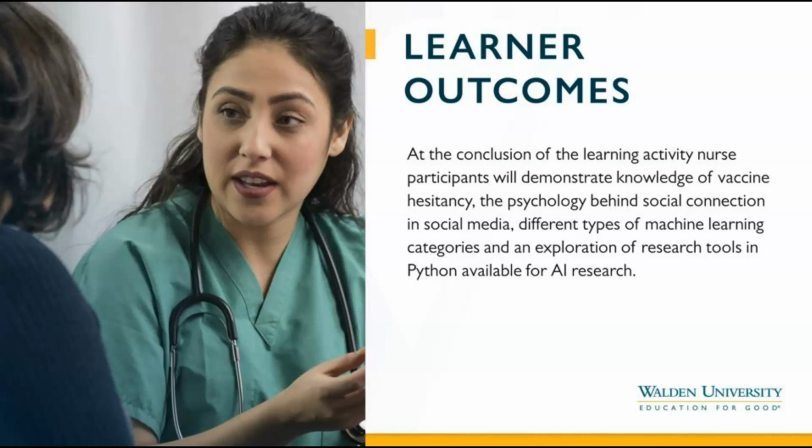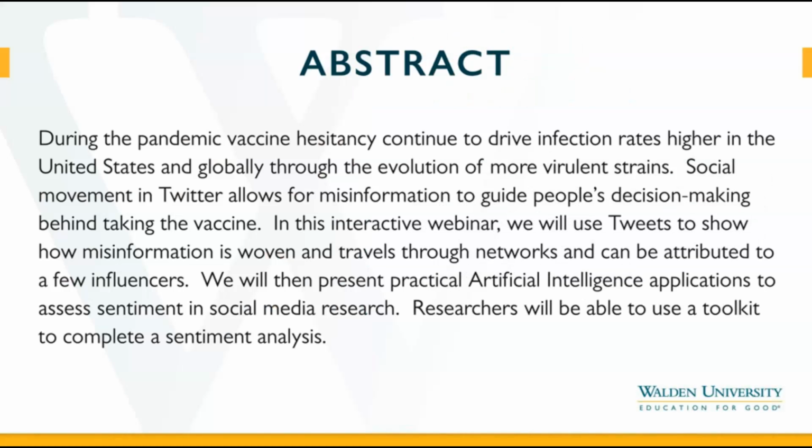Our abstract for today is, as you all know, the pandemic vaccine hesitancy has created so many advanced problems in dealing with the pandemic itself. As we're going to talk about as we go through this, the problem has become an infodemic.